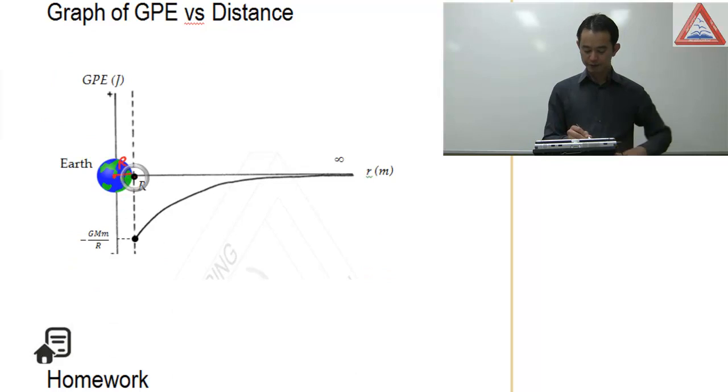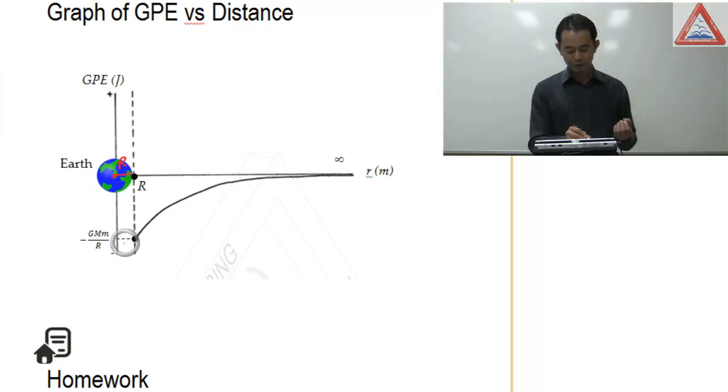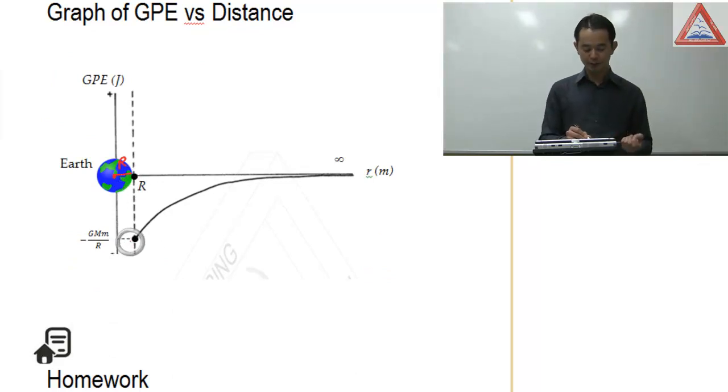So if we graph this carefully, we should realize the nature of GPE dictates that GPE can only be negative. Now, if an object is placed on the surface as shown here, that means there should be a particular value for GPE at that point. Remember what I said to you earlier? If somebody had dug a hole 100 meters deep in the Earth, then there's a smaller GPE again down there. So let's assume that the object starts from the surface of the Earth.